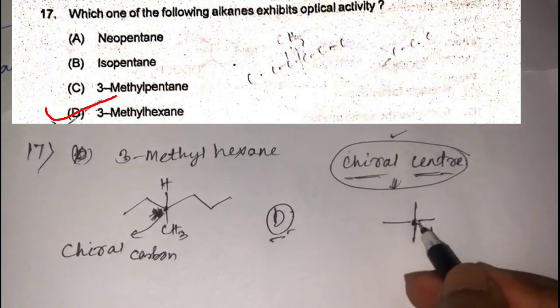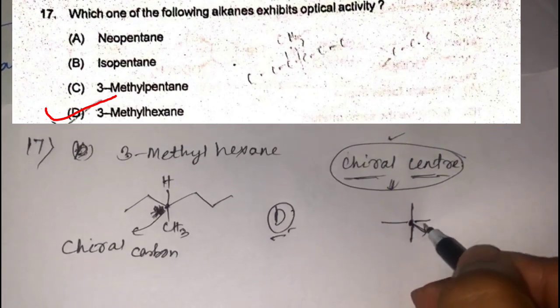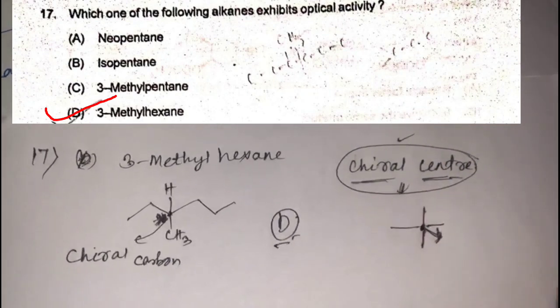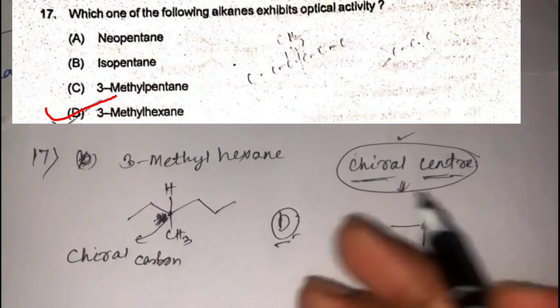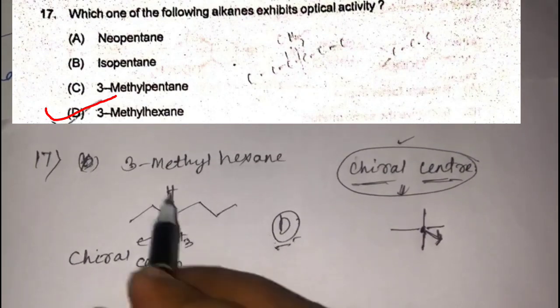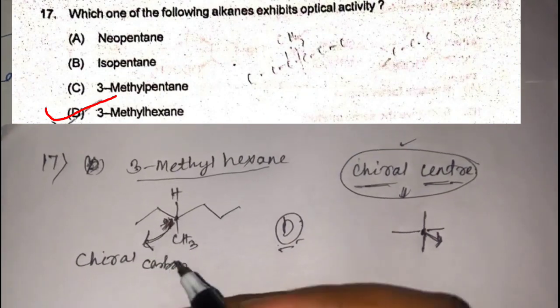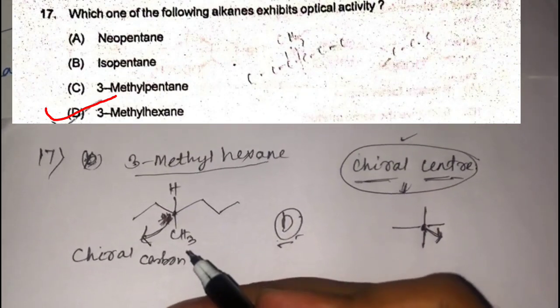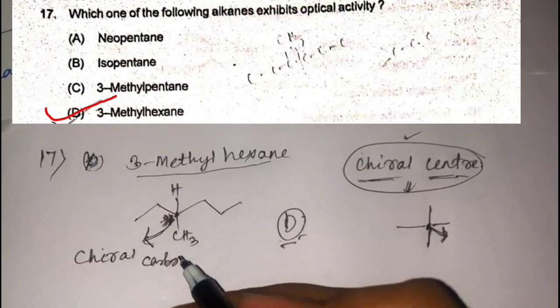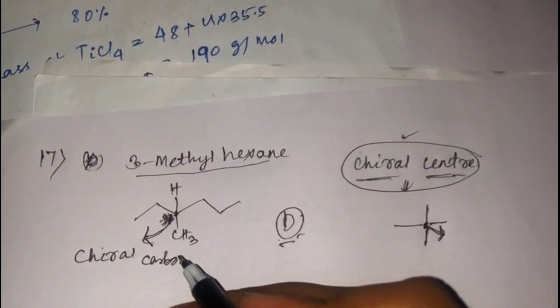If there is a chiral carbon, then the compound will show optical activity. So see, in option D, that is 3-methylhexane, there is a chiral center present in this compound. So option D is the correct answer.